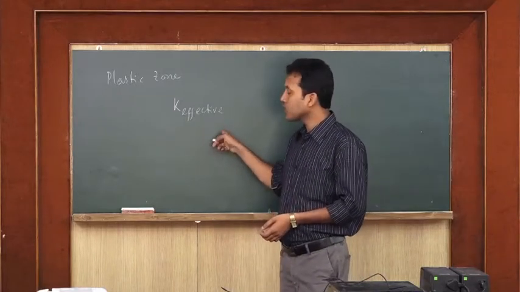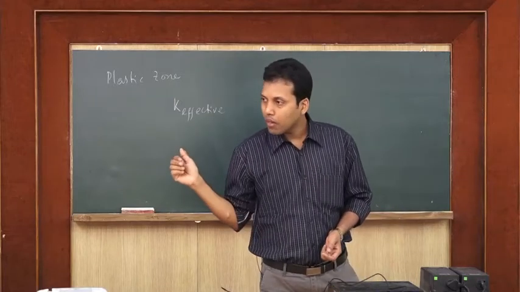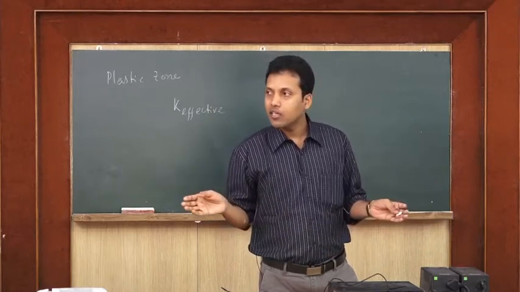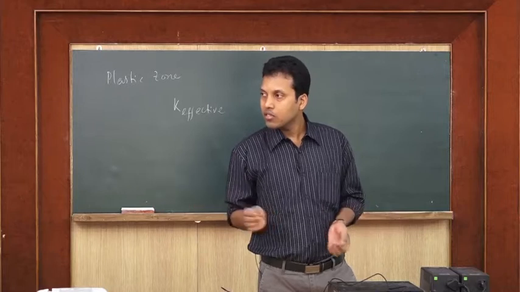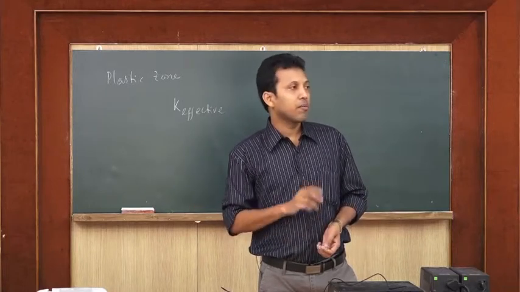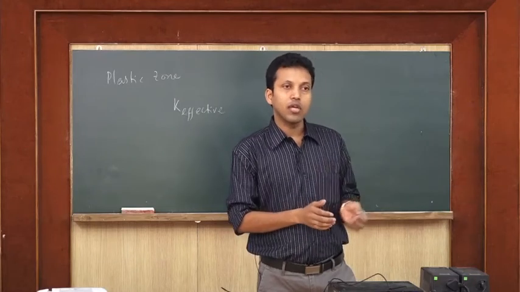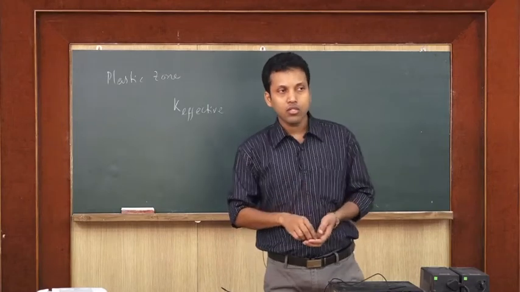So if the crack length is higher, then we have seen that K is equal to sigma root pi a. Instead of that a, if it is a slightly higher a value, obviously the K value will also change, isn't it? So instead of computing K based on the actual crack present, we have some effective K value. Do you follow this?